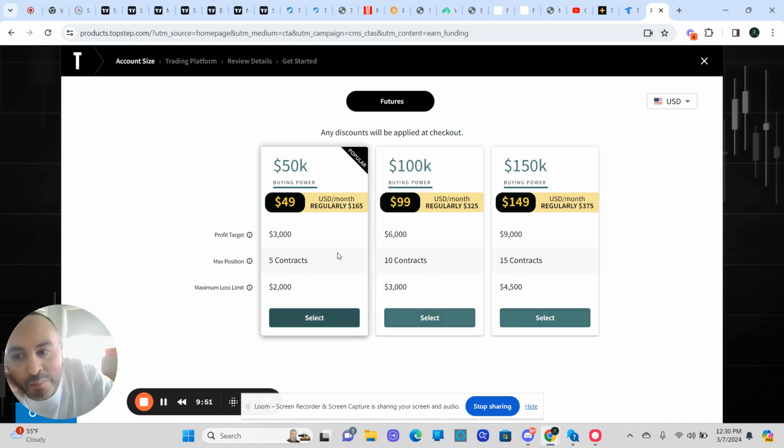And I'm talking about the big contracts here, the big ES and the big NQ, so not the micros. With these funded accounts, you probably stay away from the micros. I believe you can trade them, but I would stay away from them. Just start with one big NQ or one big ES. I would probably start with ES, the S&P, it's a good place to start.